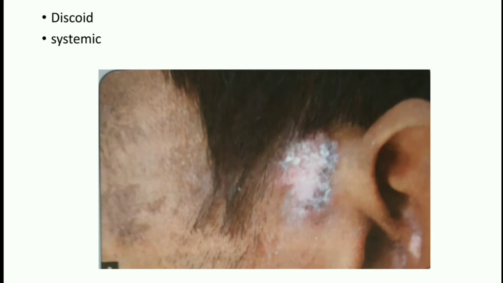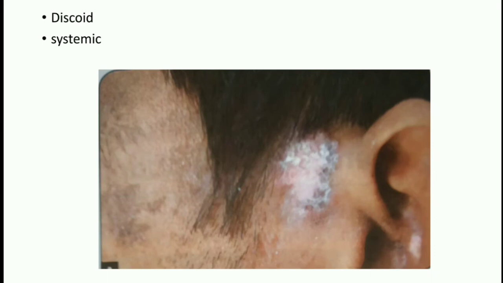Okay, so DLE is discoid lupus erythematosus. As I have already said, it has cutaneous manifestations, so you can also call it chronic cutaneous lupus erythematosus. This is the most common type that you can get, and the name discoid suggests the shape of the lesion.